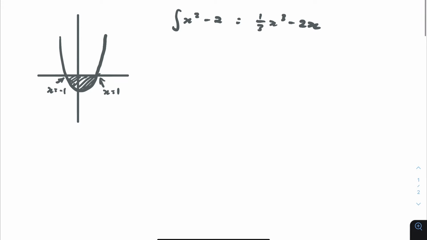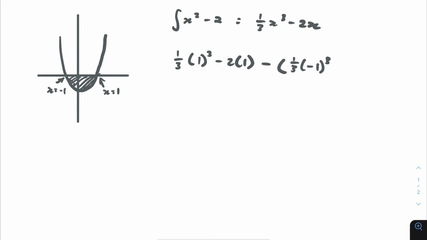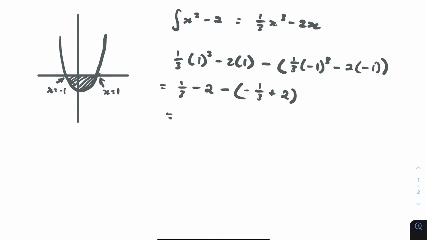Then we'd evaluate it: 1/3 times 1 cubed, because you take the higher bound, minus 2 times 1, minus 1/3 times -1 cubed minus 2 times -1. That gives us 1/3 minus 2 minus, and then -1 cubed is -1, so minus -1/3 plus 2. 1/3 minus 2 is -5/3, minus, and then -1/3 plus 2 is 5/3.